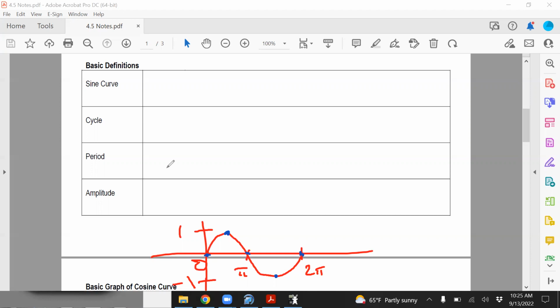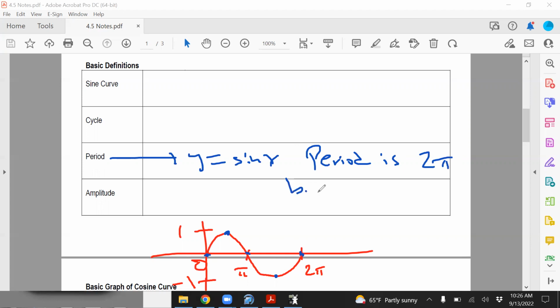So again, the cycle we already talked about. Period is length of one cycle. So for this case, for y equals sine x, period is 2 pi, but it can change.